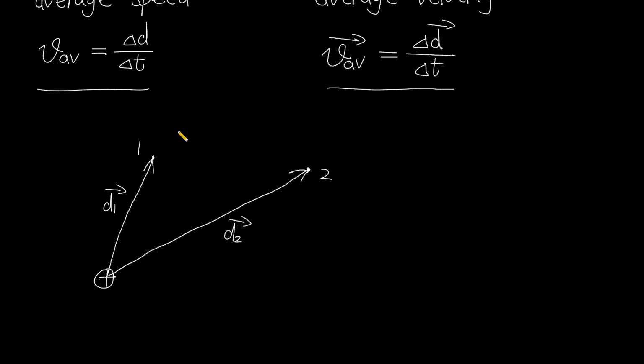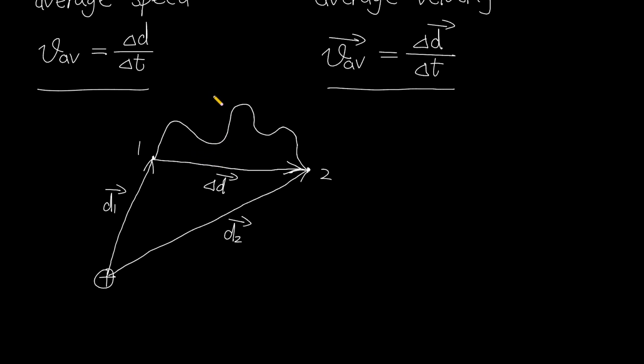And an object moves along this road from position 1 to position 2. Now, the displacement of the object is just the vector from position 1 to position 2. It's just this one. This is delta d. This is the displacement of the object.